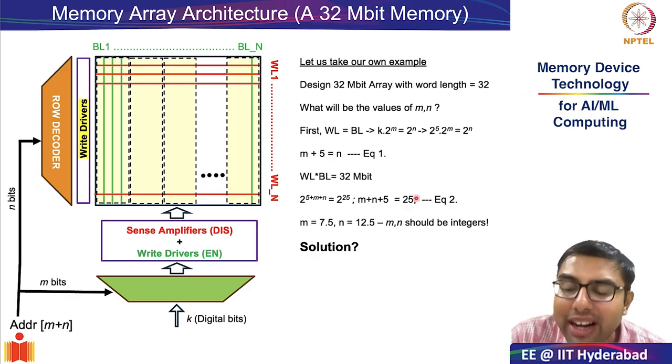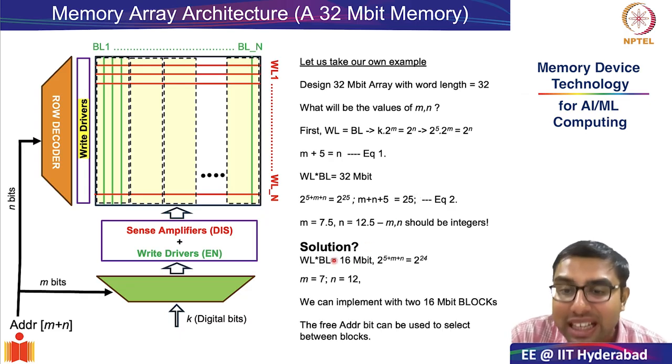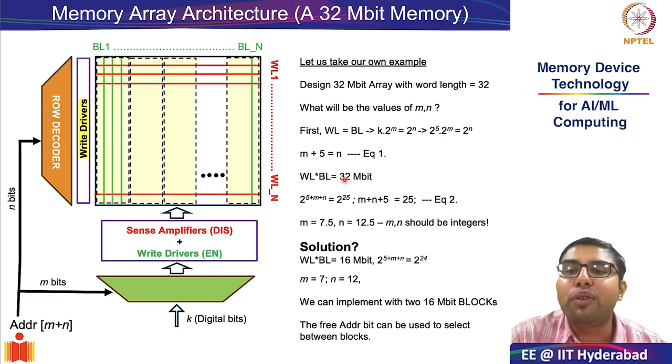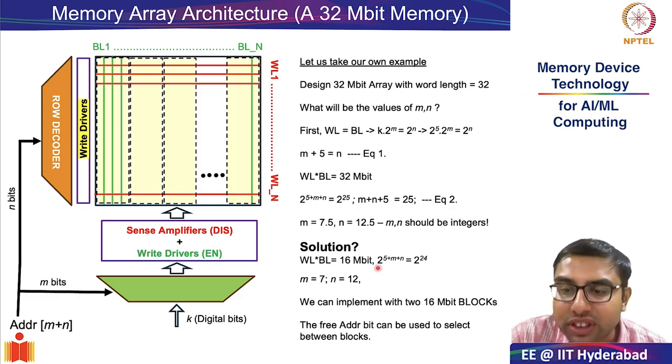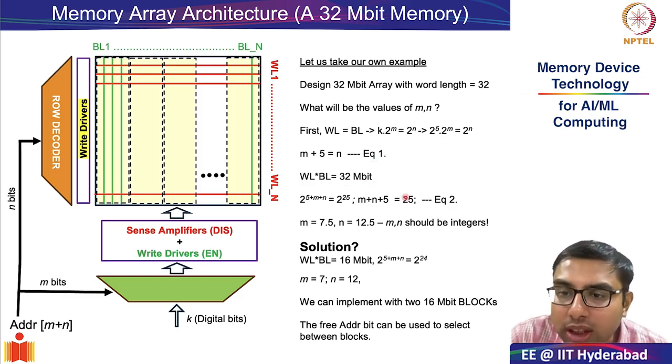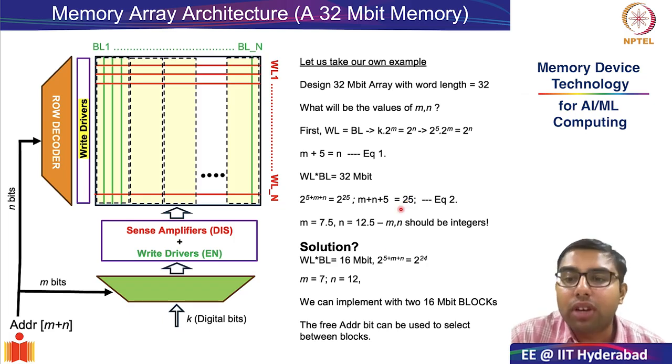If we had made it an even number by considering word line into bit line as 16 megabit, just half of 32, equation 2 gets modified as 5 plus m plus n is 24, because now we have just taken half the value of 32 megabit. So this value, which was odd, 25, now becomes even.